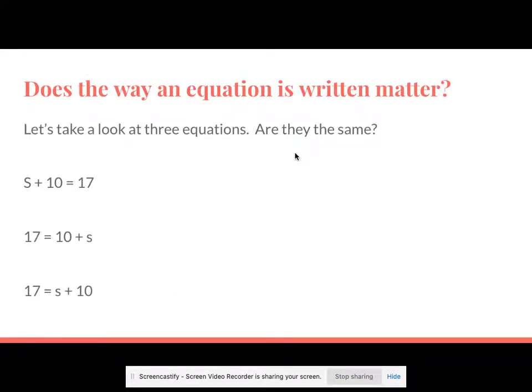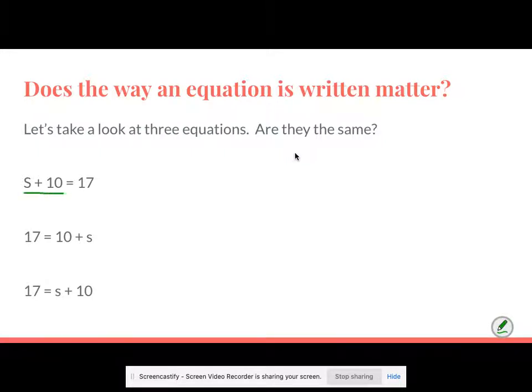So, does the way an equation is written matter? Take a look at the equations I've given you below. Are they the same? S plus 10 equals 17, 17 equals 10 plus S, or 17 equals S plus 10. They are all the same.